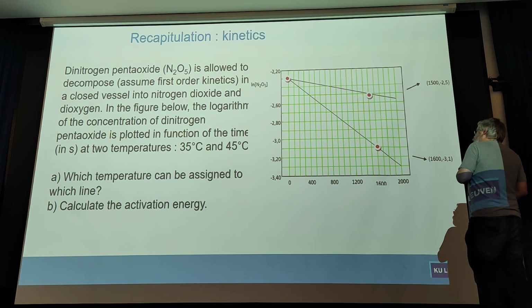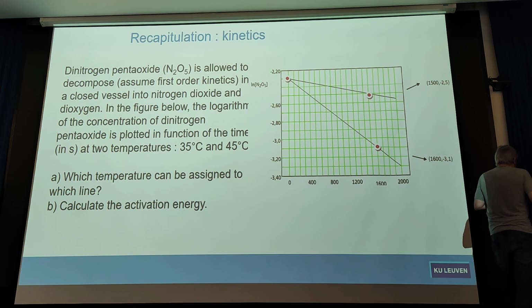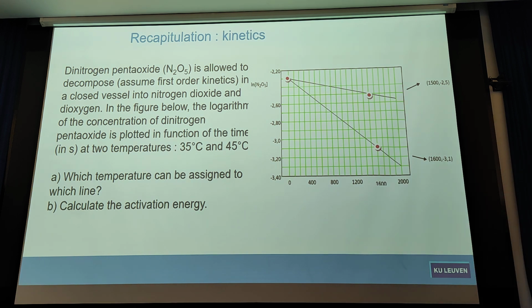This is another one based on some experimental data. So we need to apply these formulas that we have seen for having ks at two different temperatures, having activation energies, and then making calculations from that.